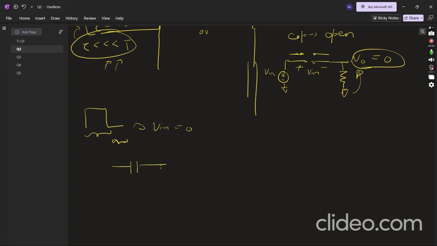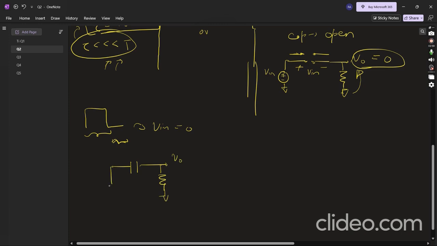This is the capacitor, this is the resistor, this is ground, this is V naught, and this is also ground. The pulse becomes 0, which means it's at 0 potential, so it's ground. And at this moment the capacitor is fully charged, plus minus V input. So all this V input appears at V out.